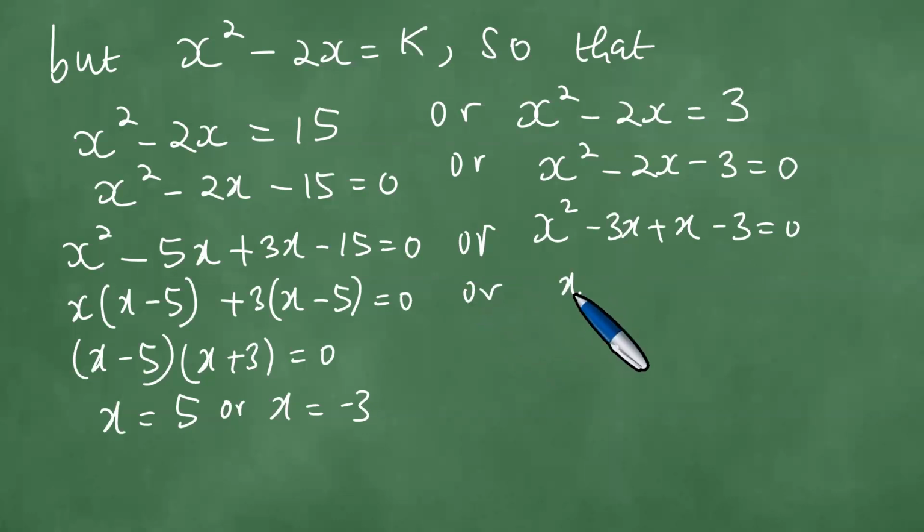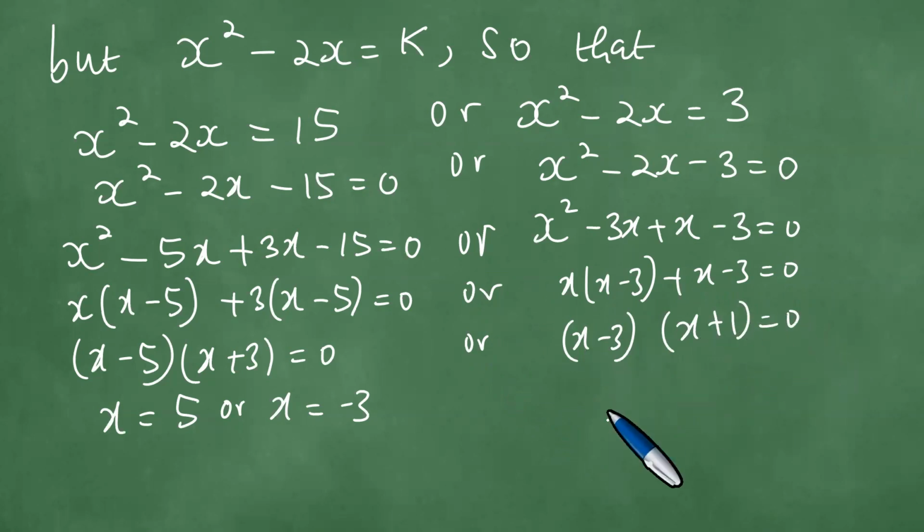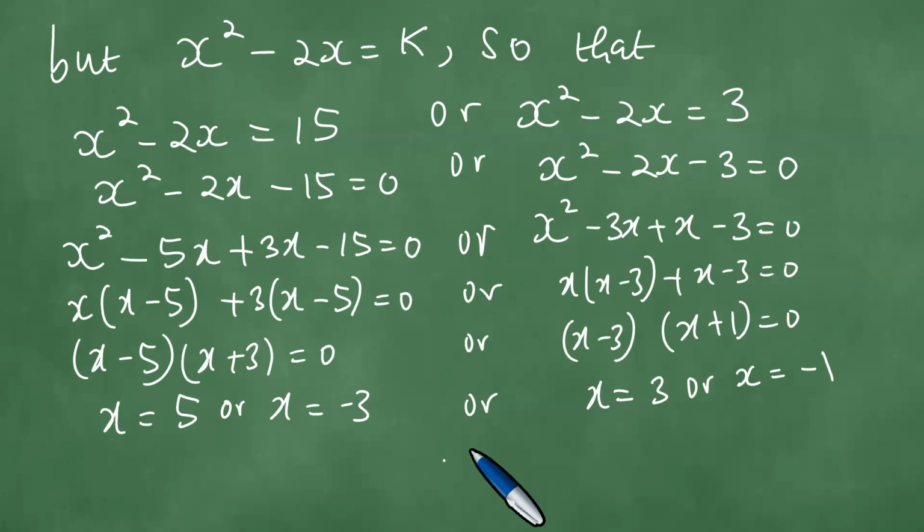And therefore, we have x into x minus 3, and then x minus 3 here, and we have x plus 1 equals 0, which means that x is 3 or x is minus 1. Okay, so we have got the values of x out of this particular equation, and there are 4 of them.